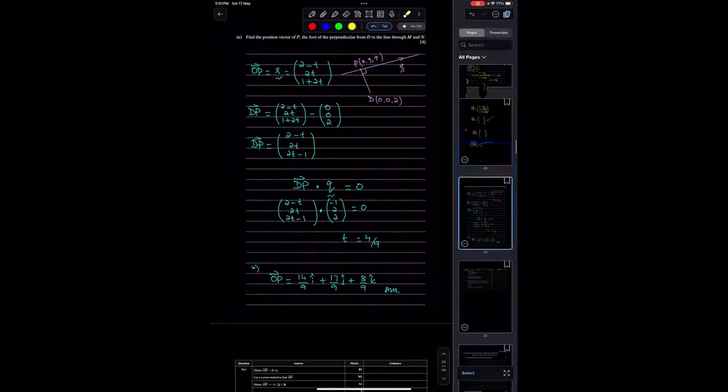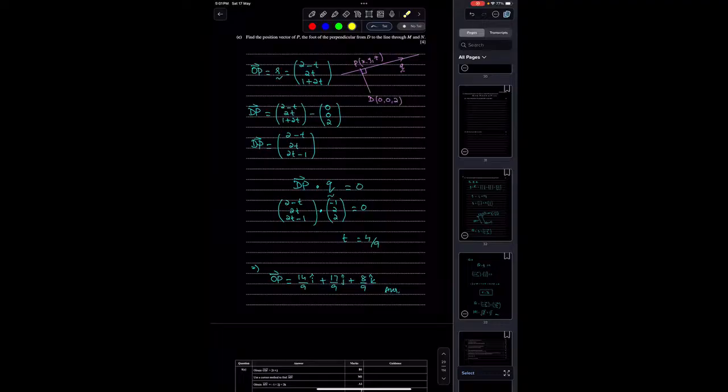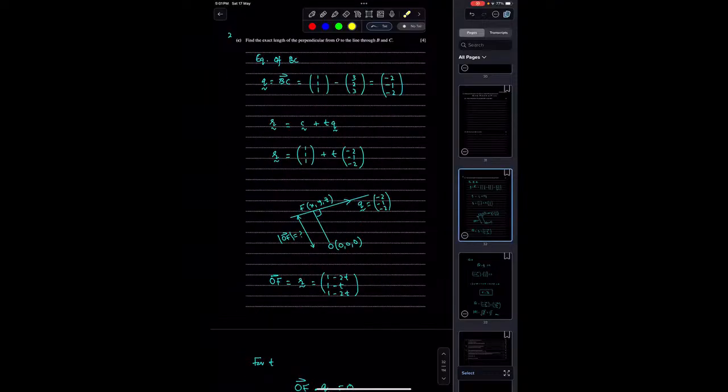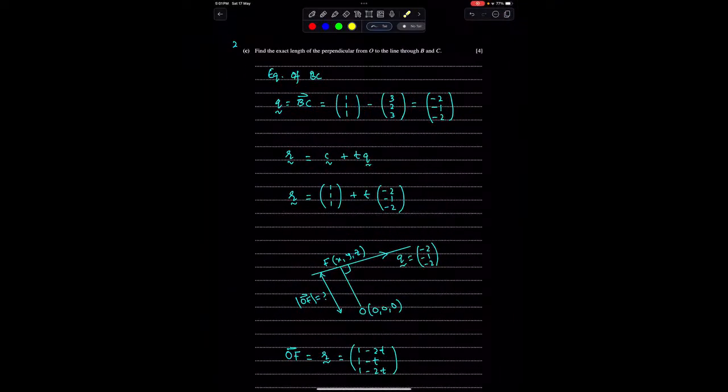Let me check another question of this type. Yeah, this is the shortest distance question. Question number 2C. Shortest distance from origin to line BC. So this is the equation of BC, and we need origin to this line distance.